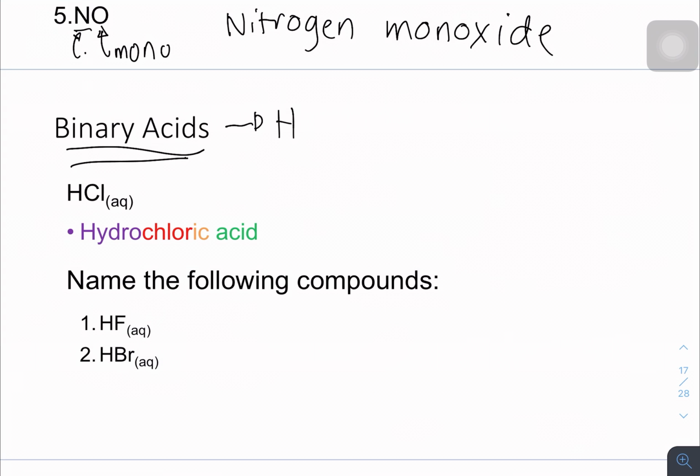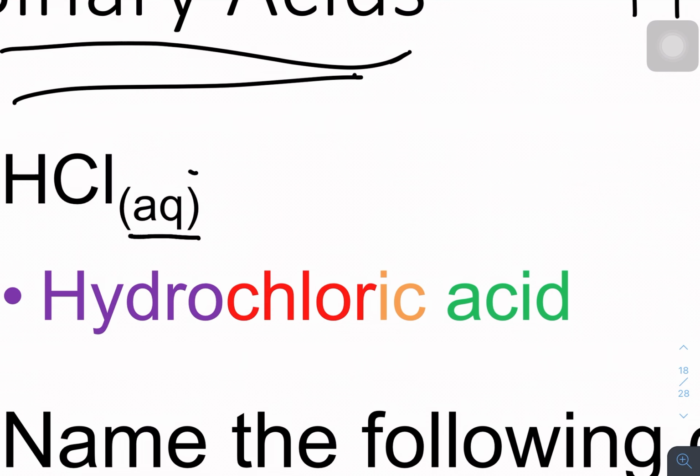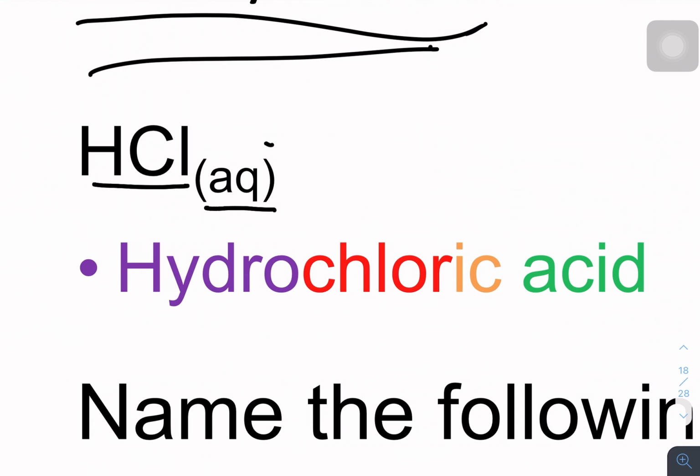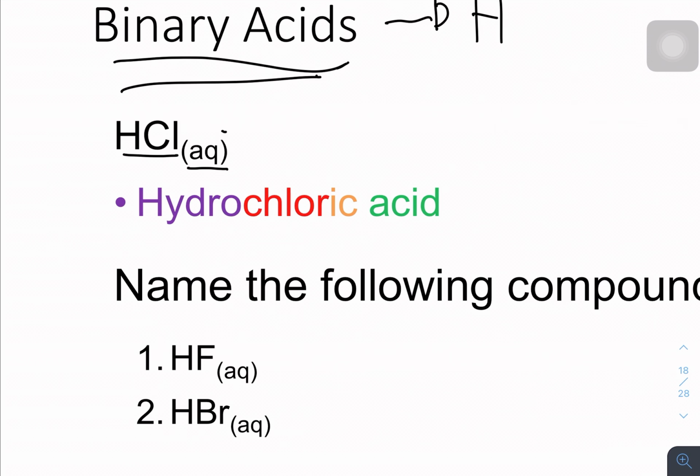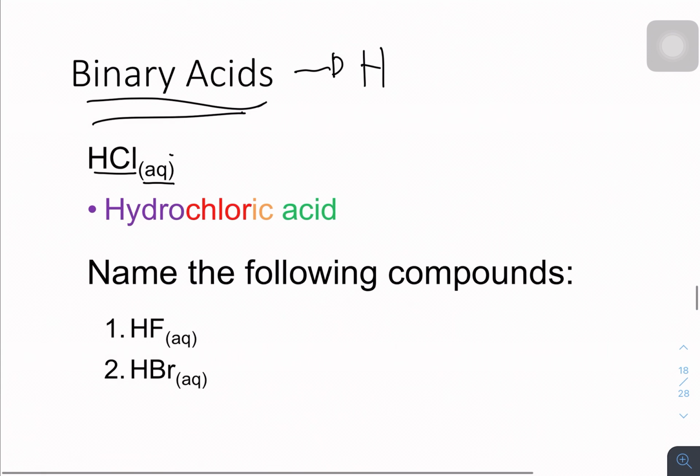It is also important to indicate the AQ here, meaning we have this HCl dissolved in water. AQ stands for aqueous solution. When naming this binary acid, we write the prefix hydro, which is added to the root name of the second element.